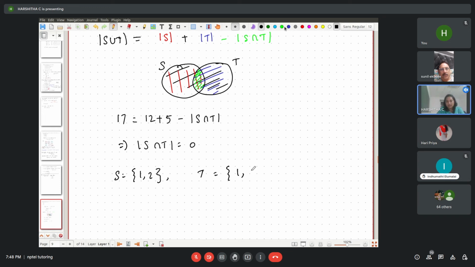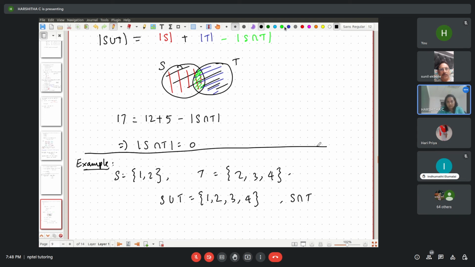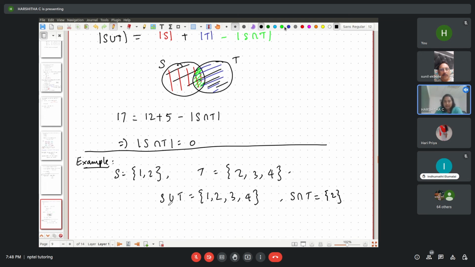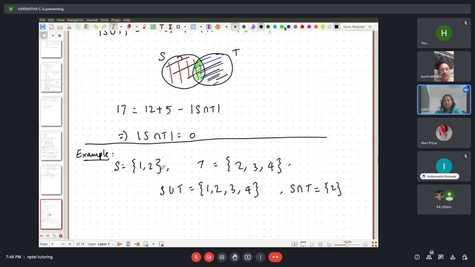S is 1, 2, and T is 2, 3, 4. So S union T is the union of these two sets, which is 1, 2, 3, 4. The intersection is 2. So you see that when you add S and T, you're actually counting this 2 twice. That's what was happening in the diagram.